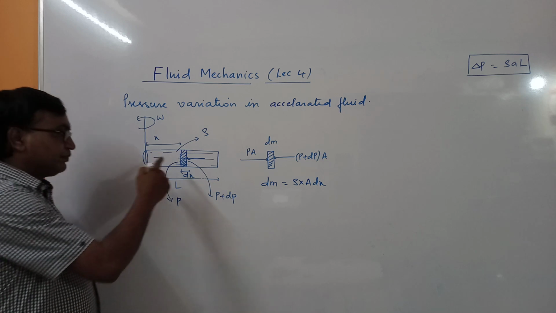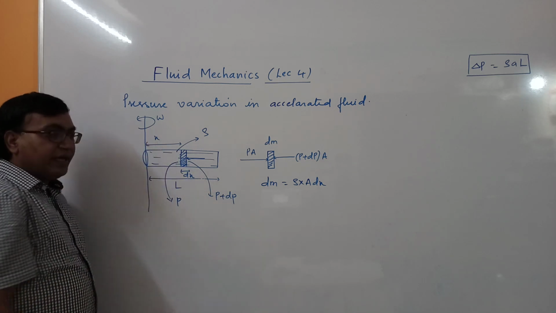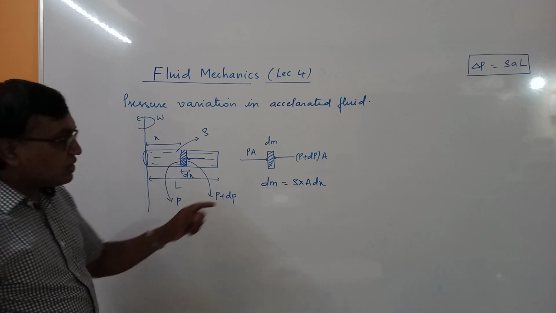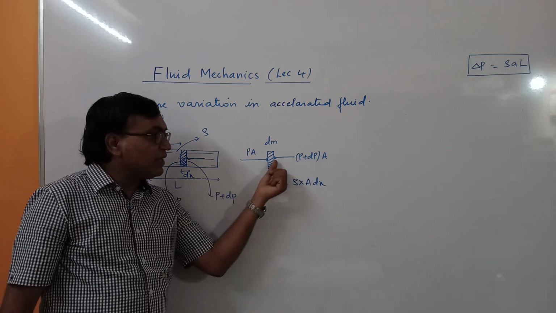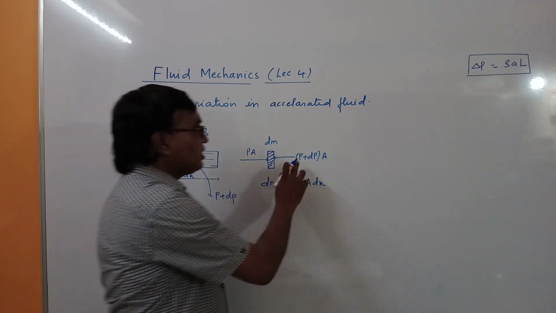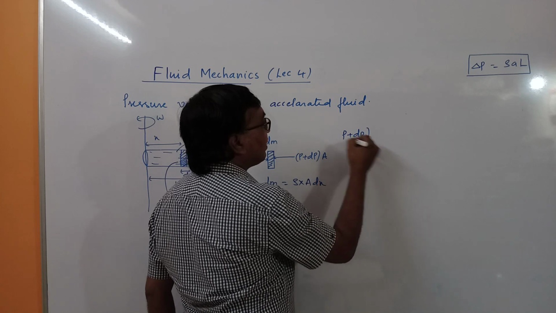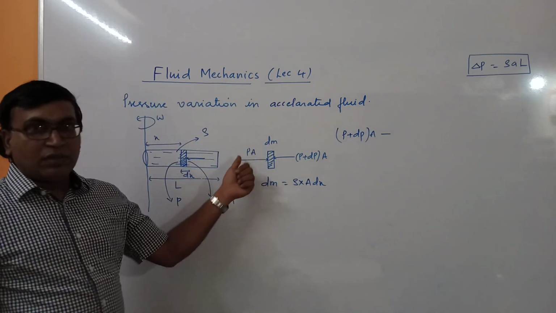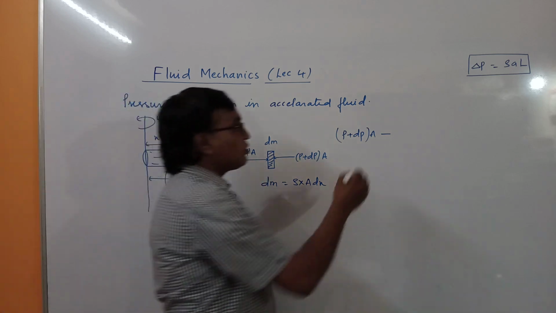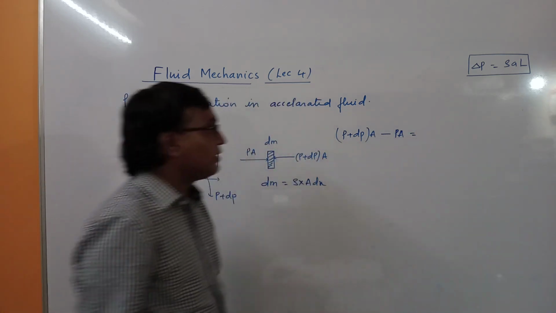Now since this small element is rotating, there must be a centripetal force, and the centripetal force is provided by the difference in pressure at these two points. So this force is (P plus dP) into A minus P into A, so the net force towards the center.